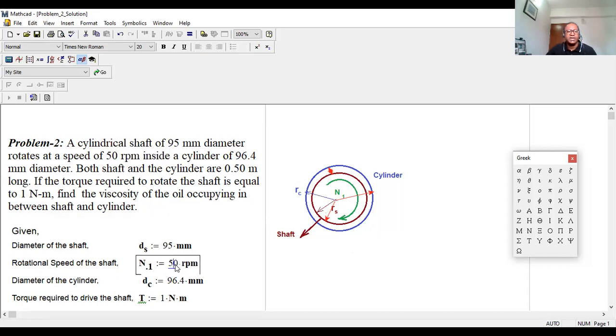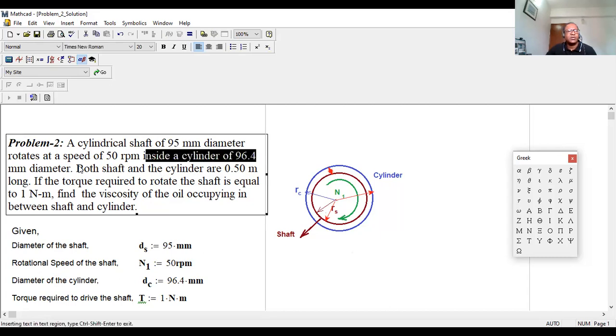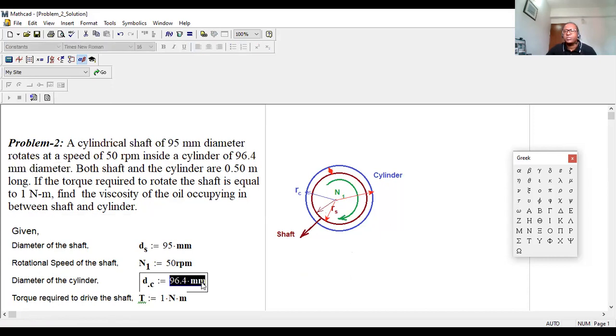It is rotated inside a cylinder of 96.4 millimeter diameter.